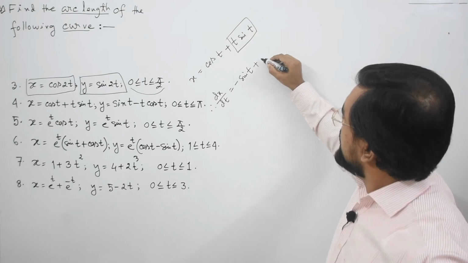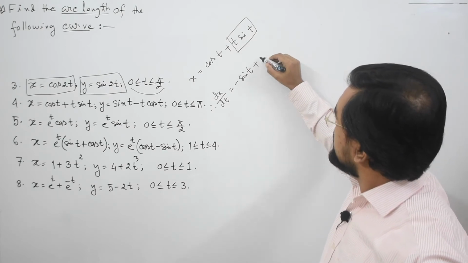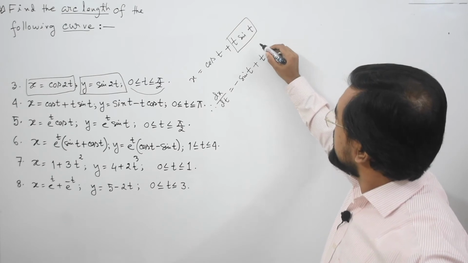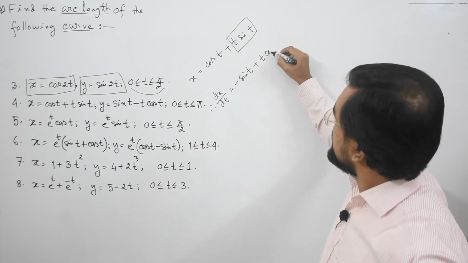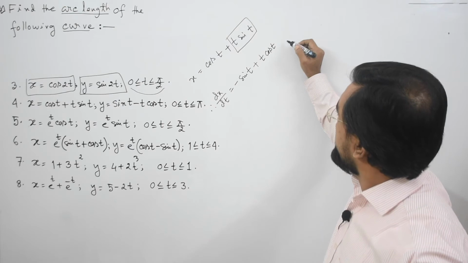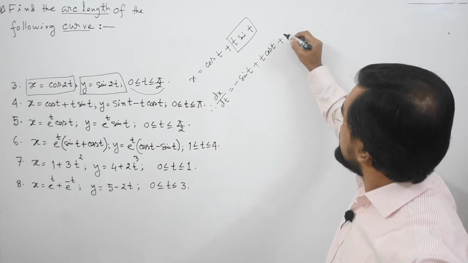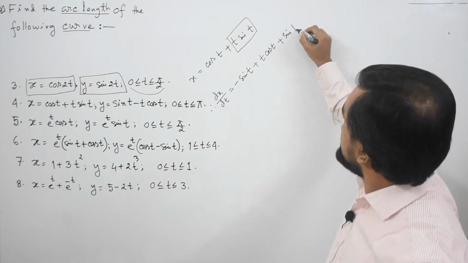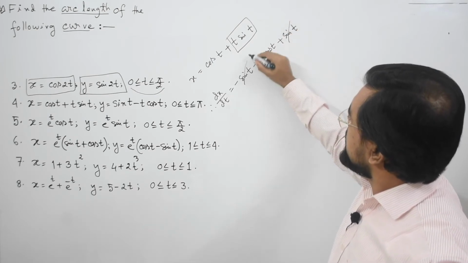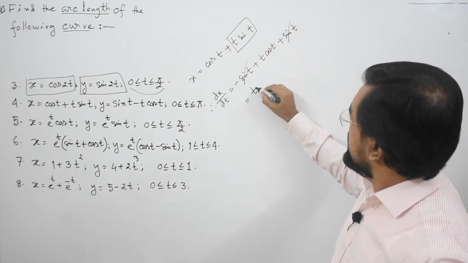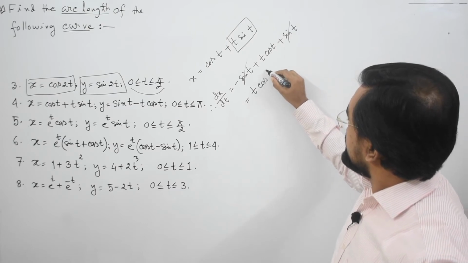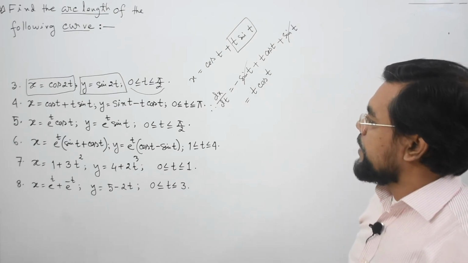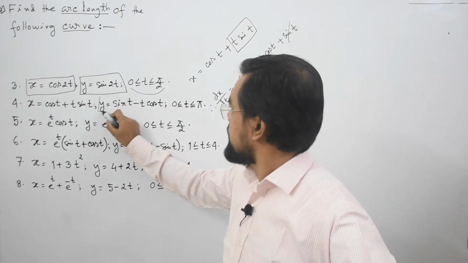The first one will be t times the derivative of sin t, which is cosine t, plus sin t times the derivative of t, which is 1. So we have only sin t, and sin t will cancel. So we have t cosine t.